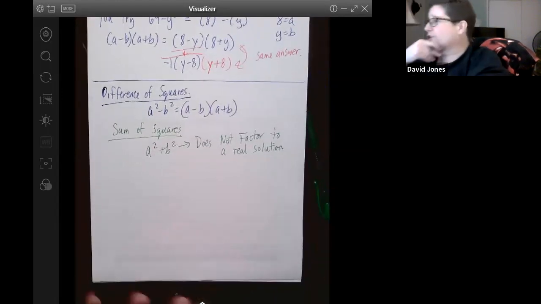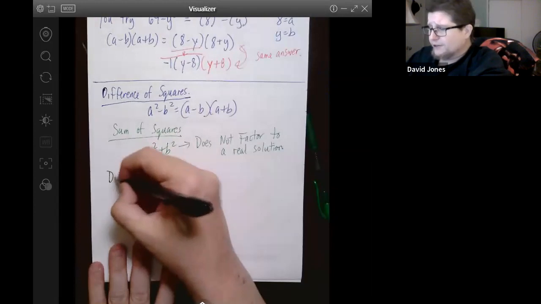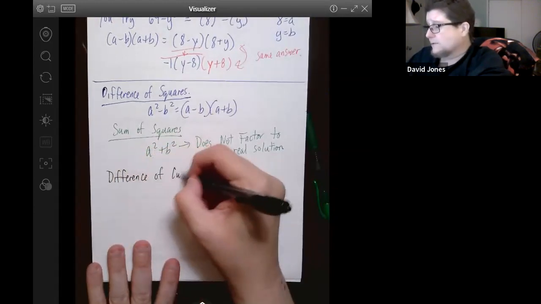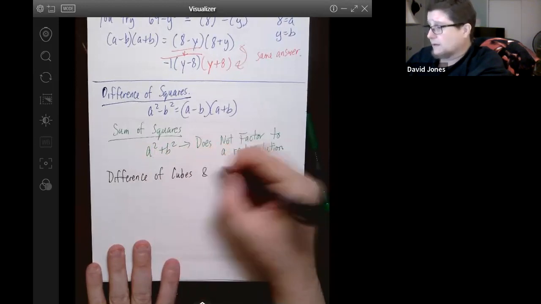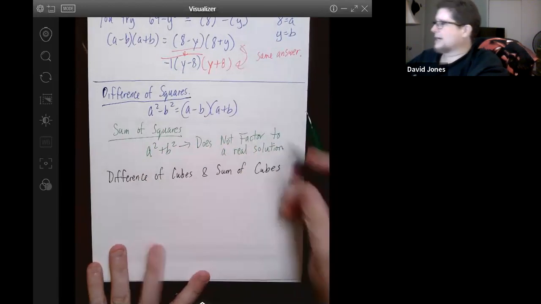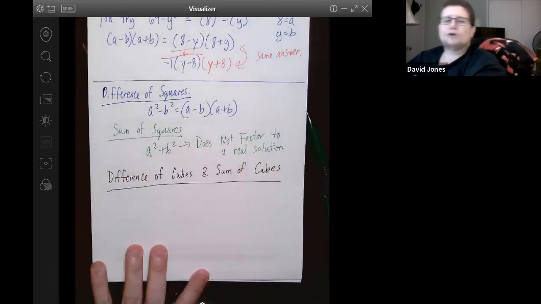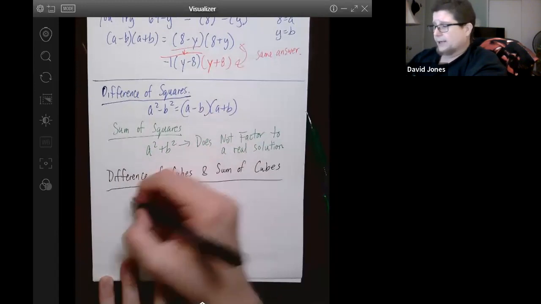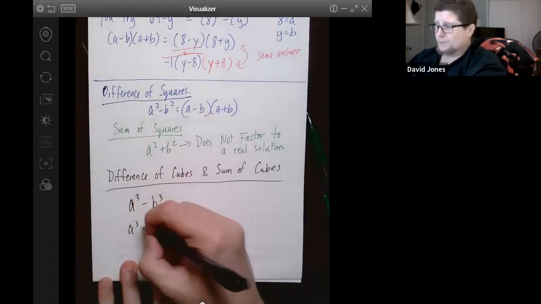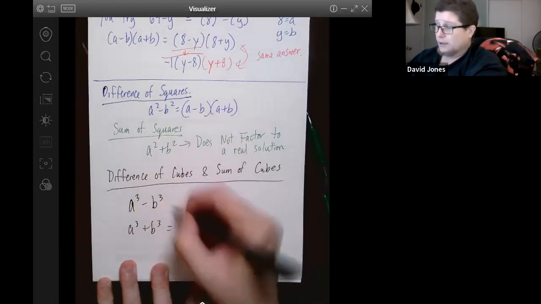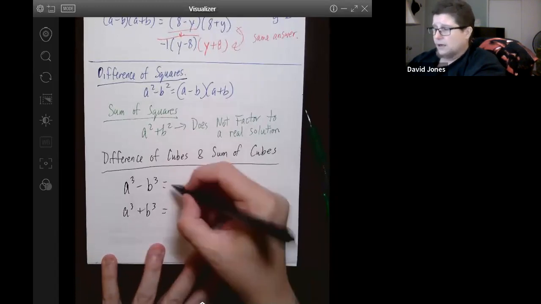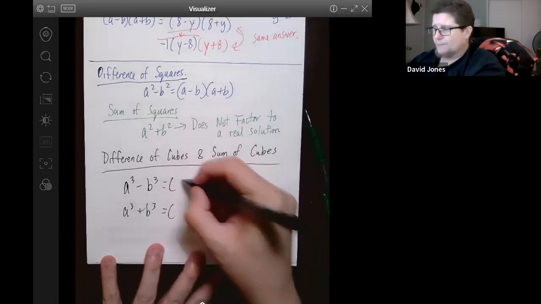We can also have cubes, the difference of cubes and the sum of cubes. And the reason why I'm saying them together is they look almost identical. A cubed minus b cubed and a cubed plus b cubed. They both have an a and a b in the front.